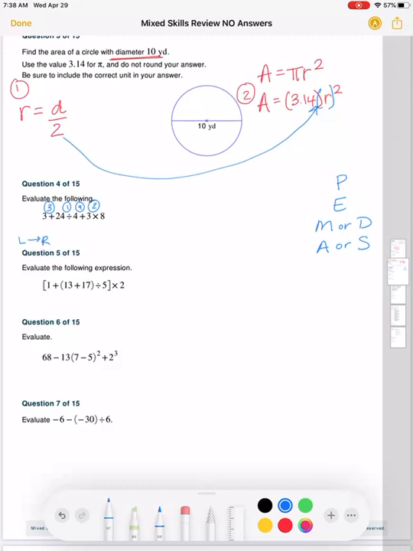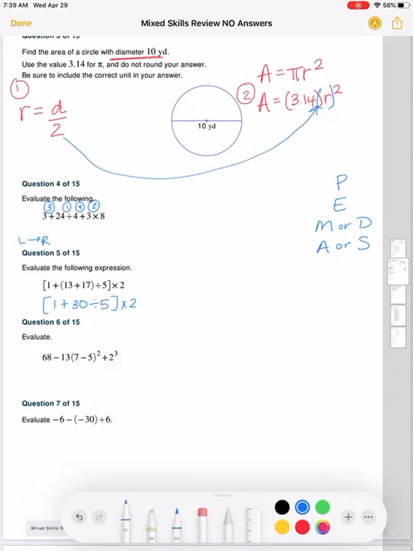All right, let's go ahead and do number 5 together. We're going to start inside those parentheses. Remember, brackets are like parentheses, but you always want to go from the inside out, not the outside in. So we need to start with 13 plus 17. And you get 30. So now I have 1 plus 30 divided by 5 times 2. So I still have to work inside of those brackets because they are like parentheses.